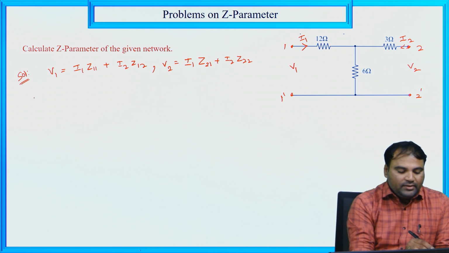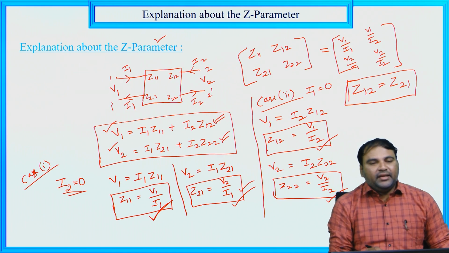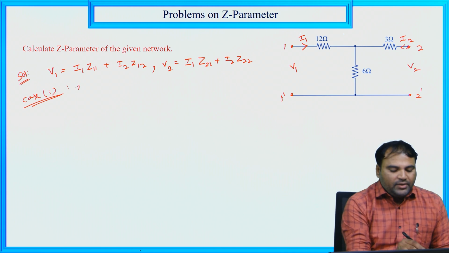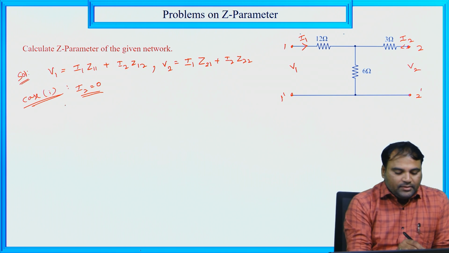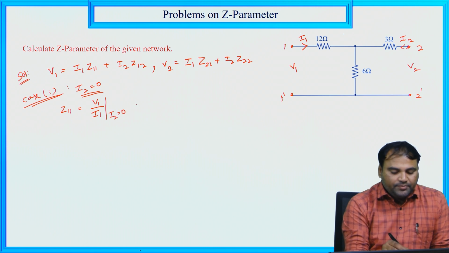So here case 1. In case 1, we are taking I2 equal to 0, right? So if I2 value is equal to 0, we are having the equation Z11 equal to V1 by I1 when I2 equal to 0.